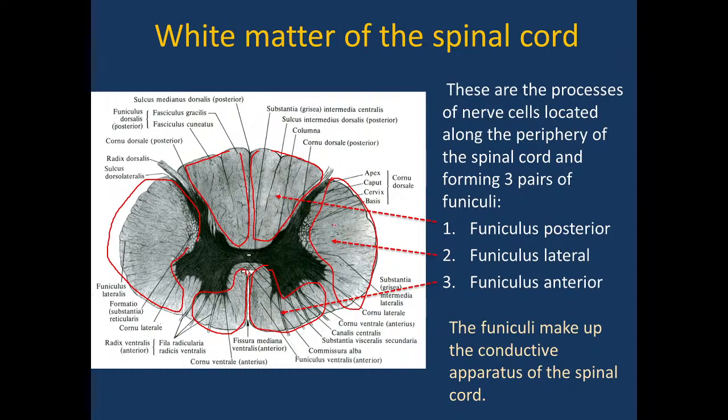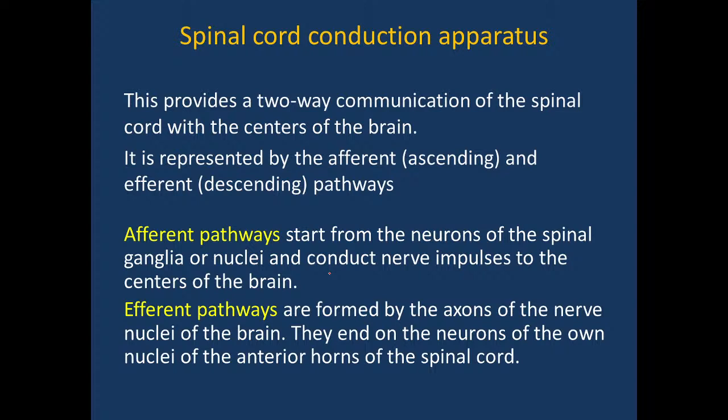It means here there are a lot of pathways and tracts coming up or coming down. We call these pathways the conduction apparatus of the spinal cord. It provides two-way communication of the spinal cord with the centers of the brain, as I said before.